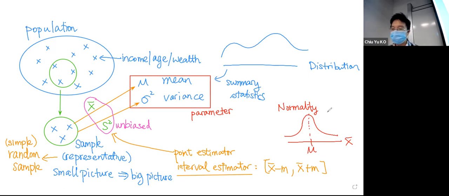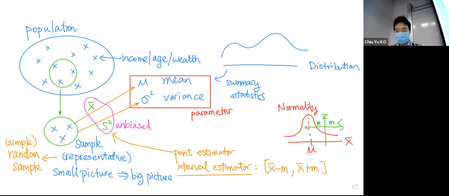Say this is the sample mean I calculate, and I go left by M and go right by M. If I do this process, there will be a high probability that this interval will include the mean.